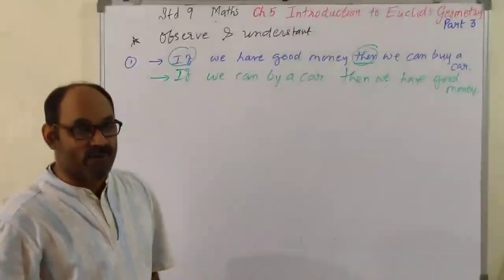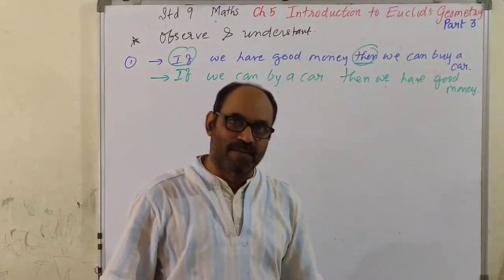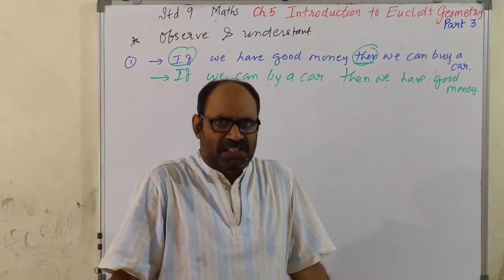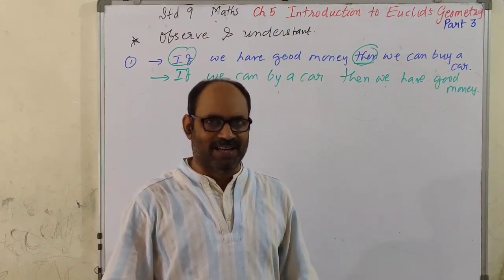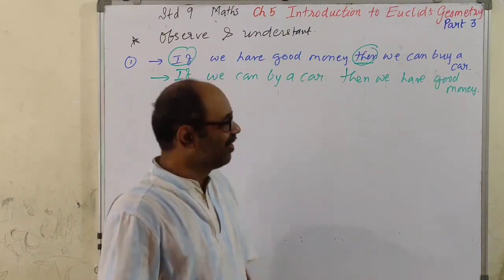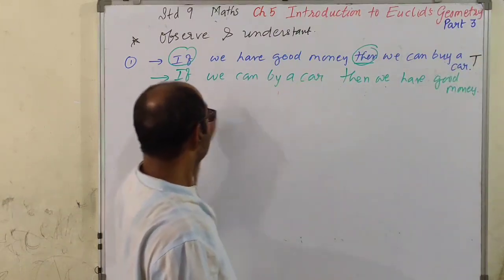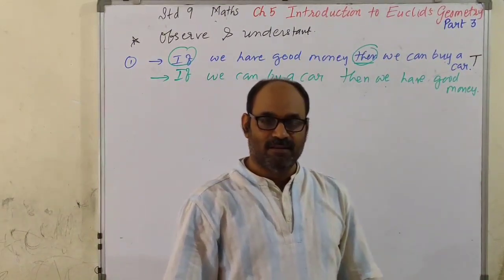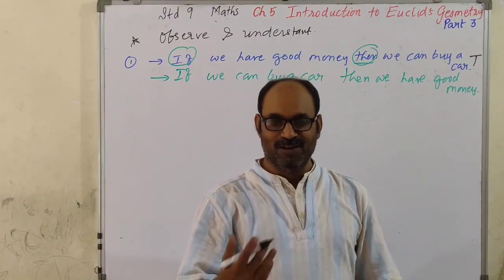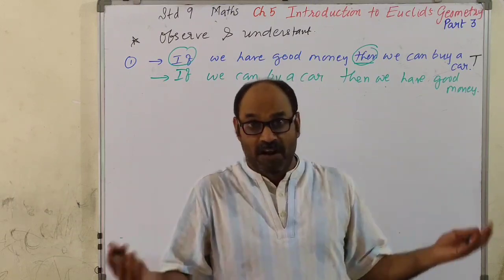Now first you decide whether this statement is true or false. First the conditional statement. If we have good money, then we can buy a car. In most cases that is true. In some cases, even if we don't have money, we can buy a car by taking a loan. Okay. But I'll say this statement is true. Alright. If we can buy a car, then we can have good money. Yes. If you use that car on rent, then you can have that, or you may not even earn.